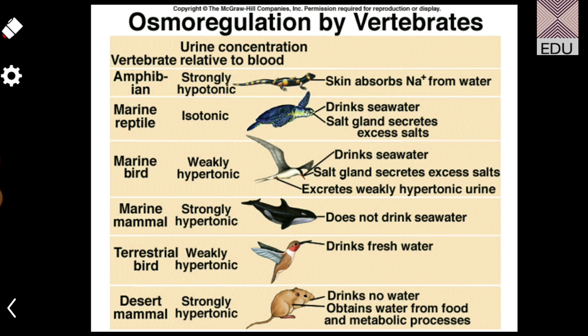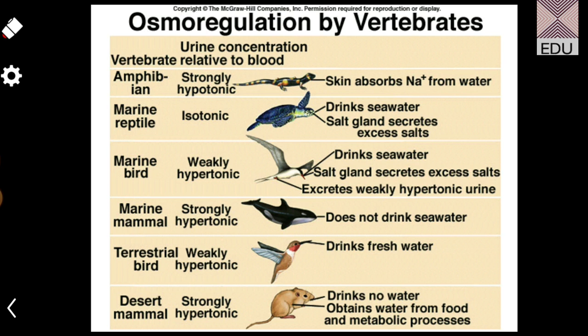If you go by the marine birds, they give out weakly hypertonic urine. It drinks seawater, and the salt gland secretes excess of the salts. Many birds have salt glands for the excretion of the salts, and they are present on their beaks or near the cloaca.